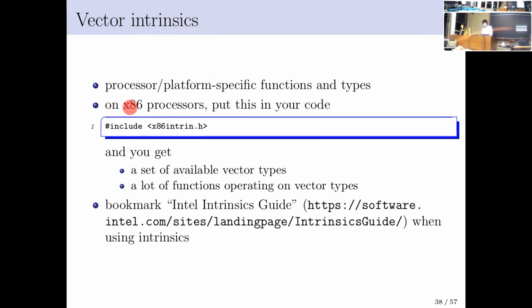The way you use this on the x86 processors you are playing with is to include the header x86intrin.h. Then you get a set of available vector types, just like the ones I manually defined, like float b.